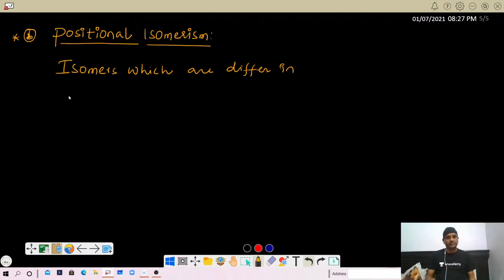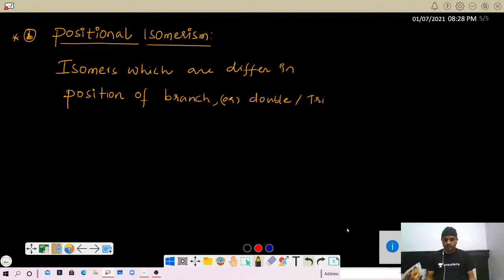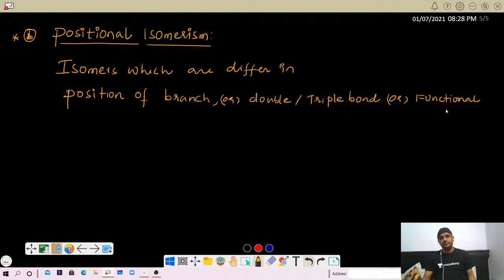Position of a branch, position of a double or triple bond, or functional group.